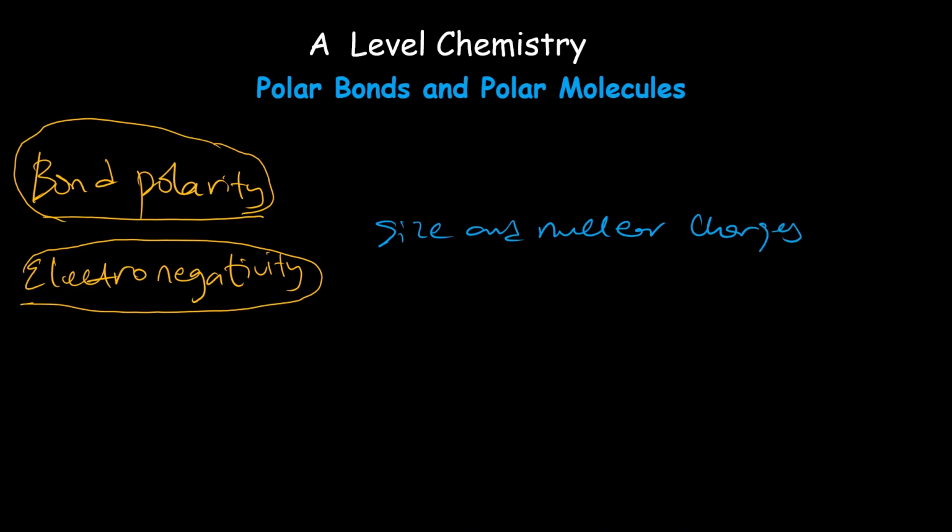There is a trend of electronegativity across the periodic table, and you also have to take note of that and pay attention to it. In the periodic table, electronegativity increases along the period, and this is as a result of the decrease in atomic radius.